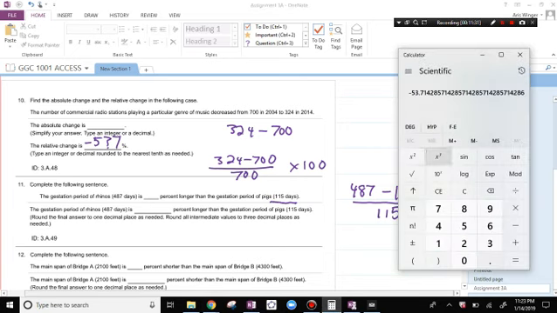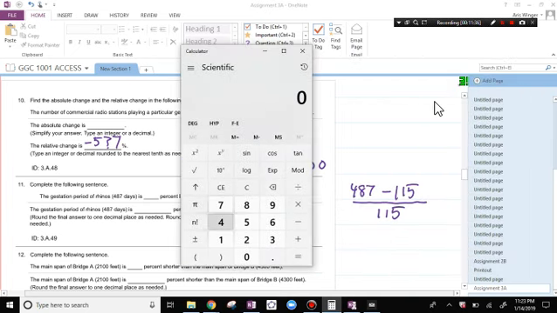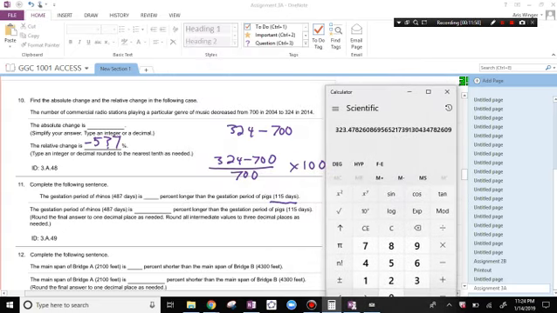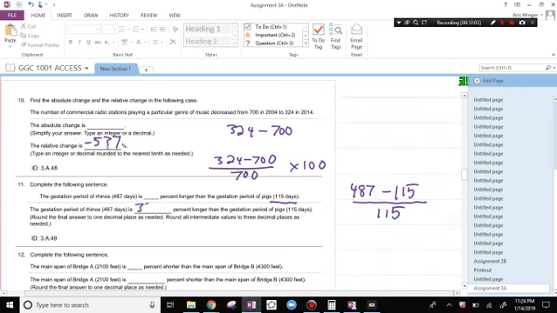This number should be more than 1, right? So 487 minus 115 divided by 115, times 100 to make it a percentage, is 324.5% longer than the gestation period of pigs, right?